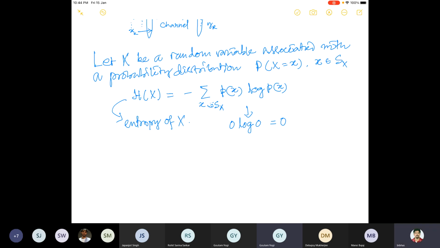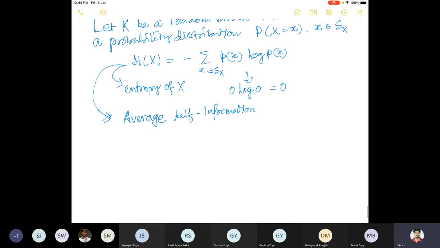So we had another interpretation. We say this is the average self-information. Self-information is what? We define what is called mutual information.